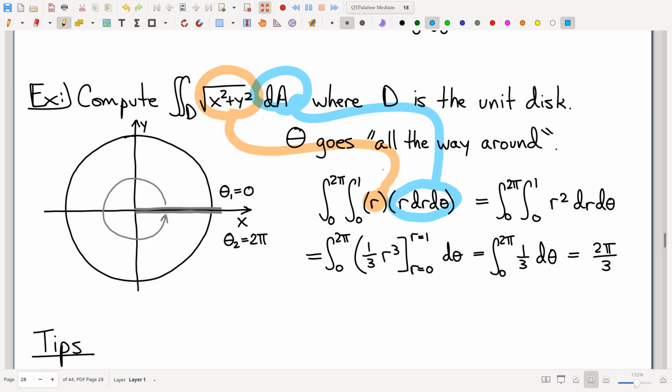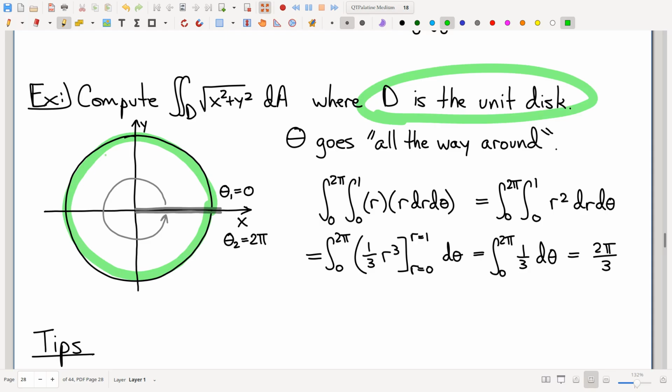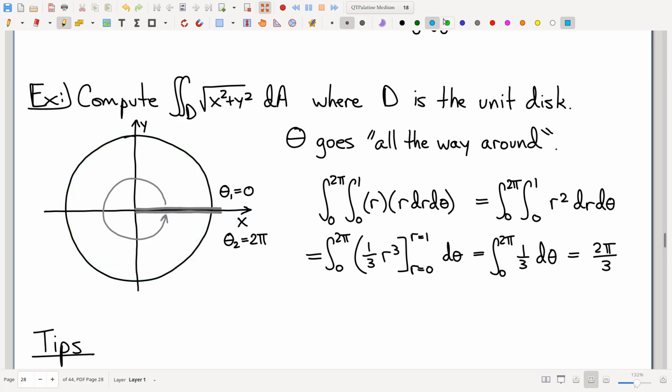So all that we really have left to do here, the only part that's geometrically challenging, is to figure out the bounds. And now you can take this domain, this unit disk, and you could try to draw the pullback in the r theta plane, and it's perfectly doable. It's really no problem. But again, you don't need to. So much easier just to say, all right, I'm going to be slicing this up with theta slices. Theta slices look kind of like this.